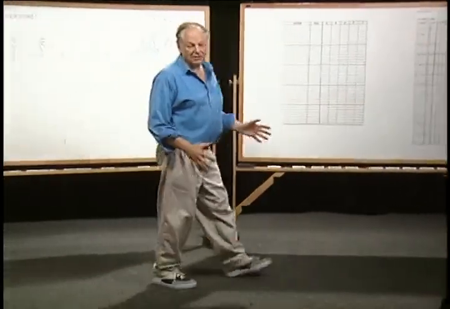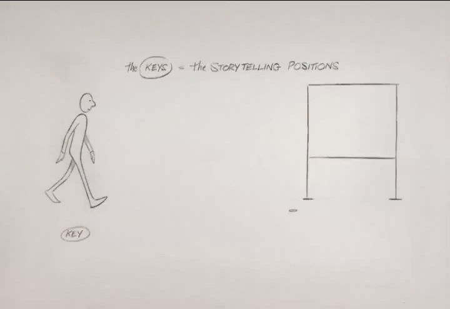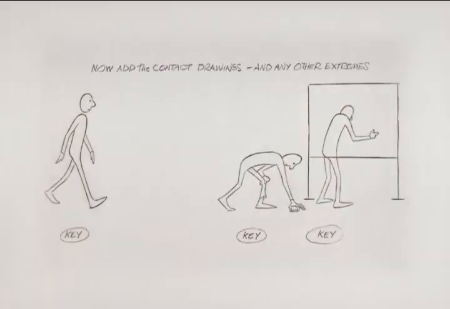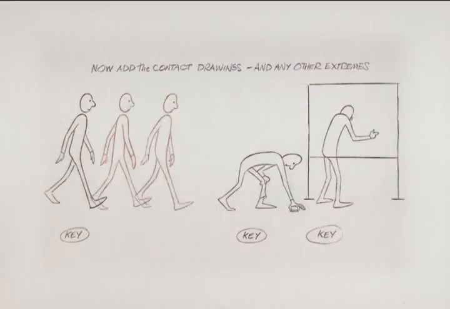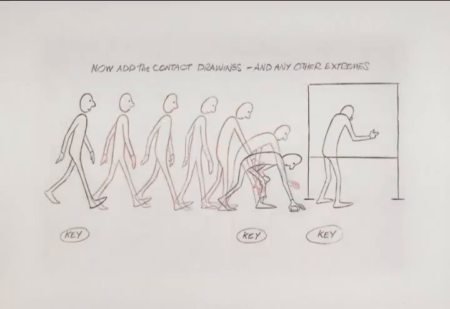Okay? That's how we think of a walk. So, here are the keys which tell the story like a comic strip. Here are the extremes. Most of them are contacts.